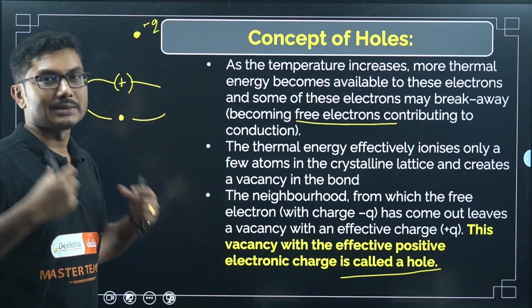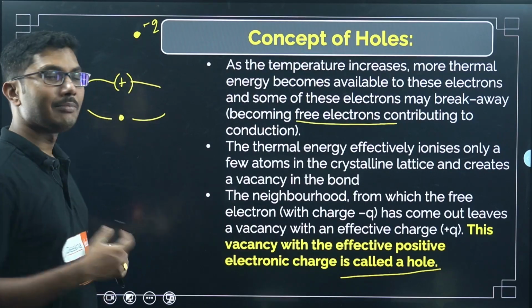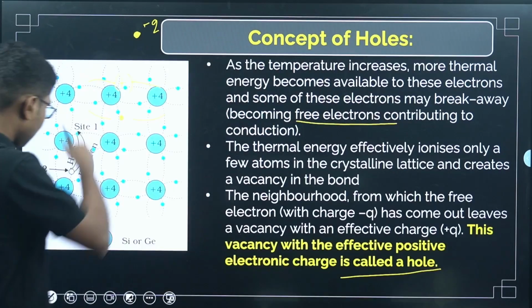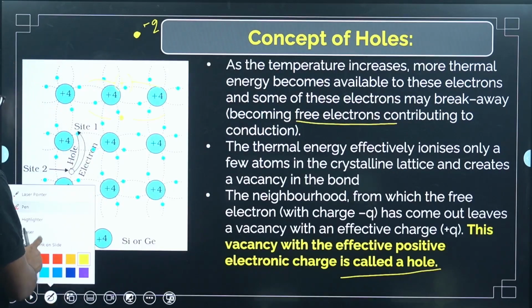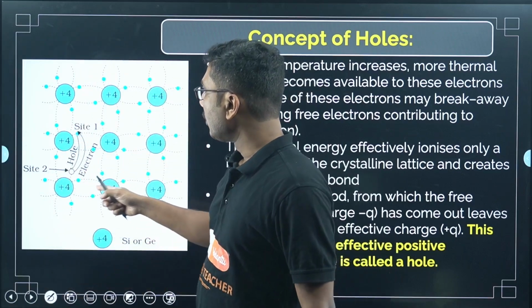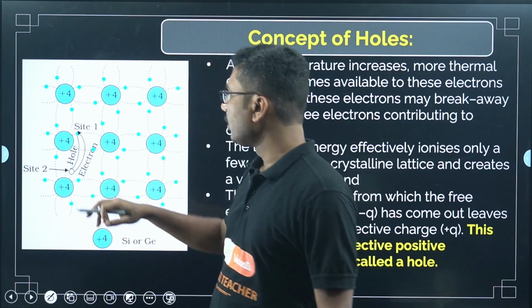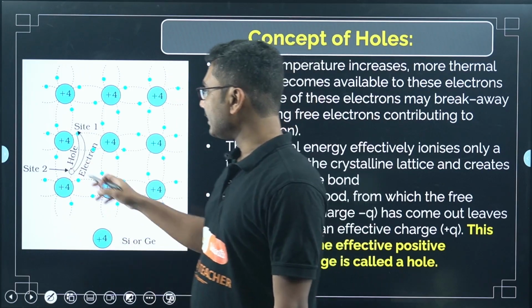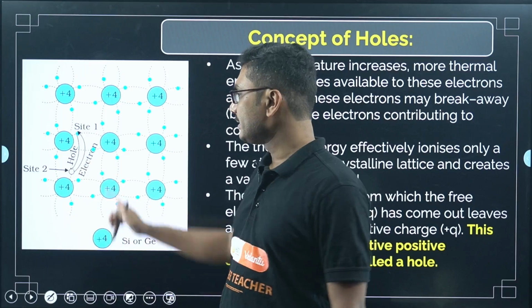This is the basic concept of holes. Holes are nothing but vacancies created by electrons which come out of the bond. So here we can observe that there was one bond, one electron came out of that bond, and then a vacancy is created, and this vacancy we now call a hole.